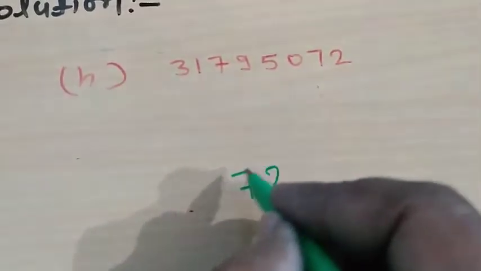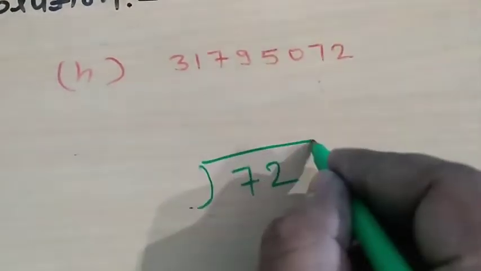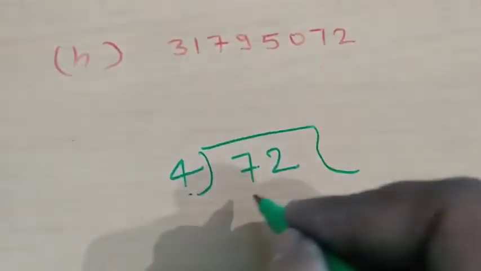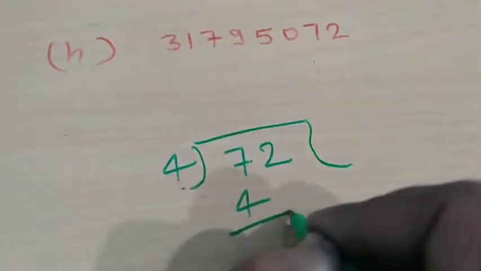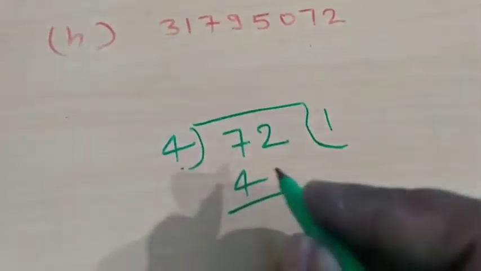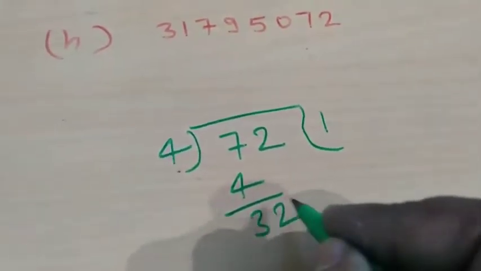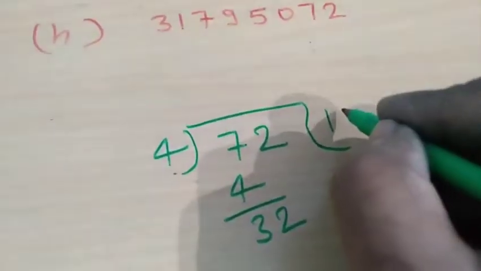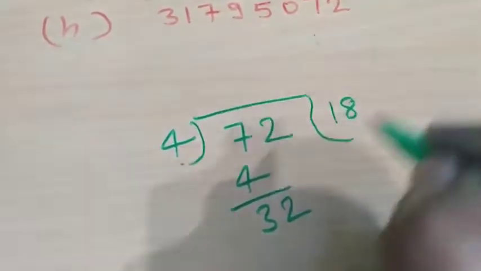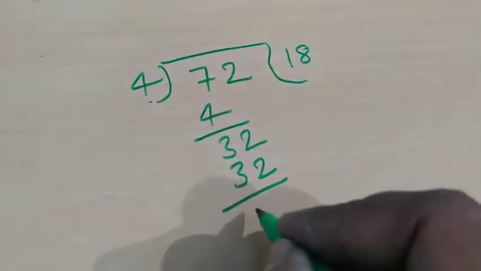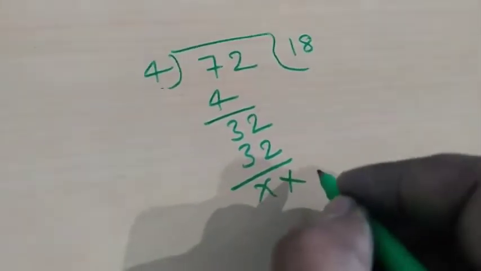Okay, if you divide 72 by 4, 4 ones are 4, here 3, bring down 2, 4 eights are 32, so you write 32. You can see here the remainder becomes 0.